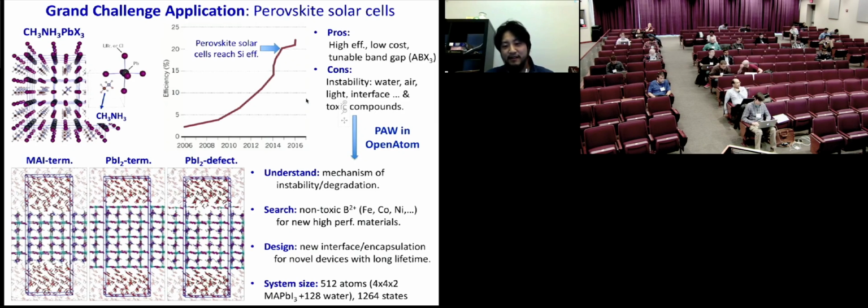The two main points here are, first, we have very heavy metal elements here, so PAW really plays an important role. Also, we have quite a large system, so that's why pretty much nobody else can do it at this point.